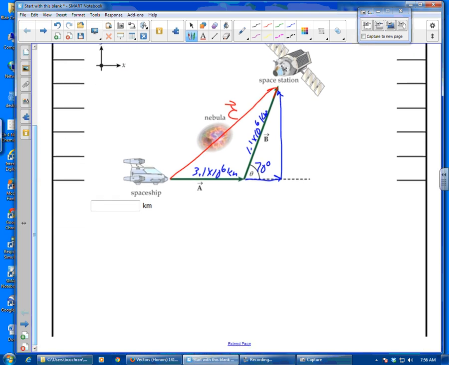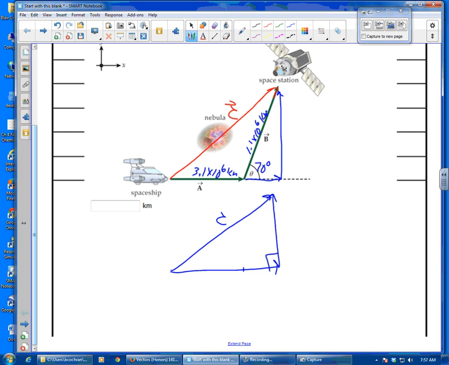If I look at my large overall triangle here, the hypotenuse of that large overall triangle is C. My right angle is here, and the vertical component is made up of the vertical component of B, and my horizontal component is made up of A and the horizontal component of B. So basically, I'm going to add up everything that points in the x direction to get the horizontal component of my final vector.